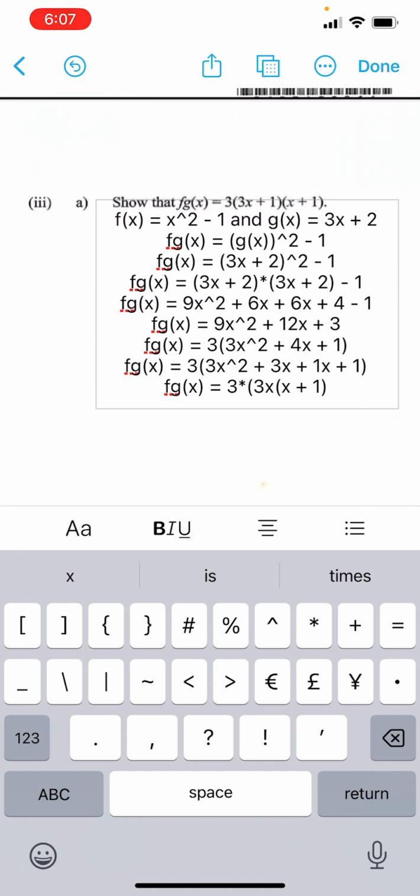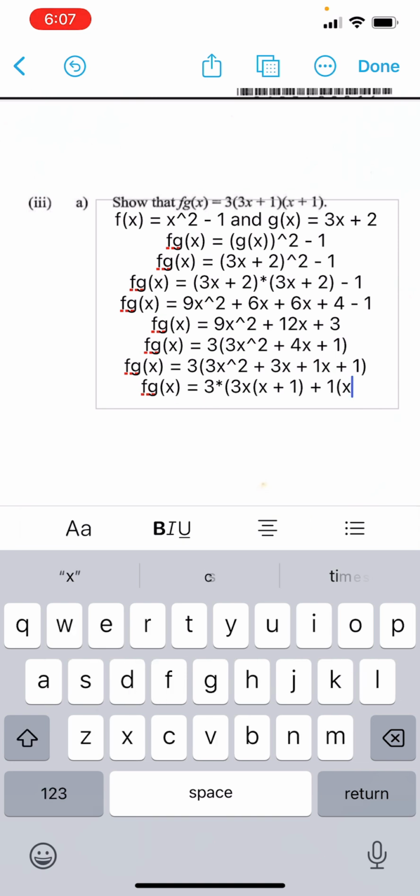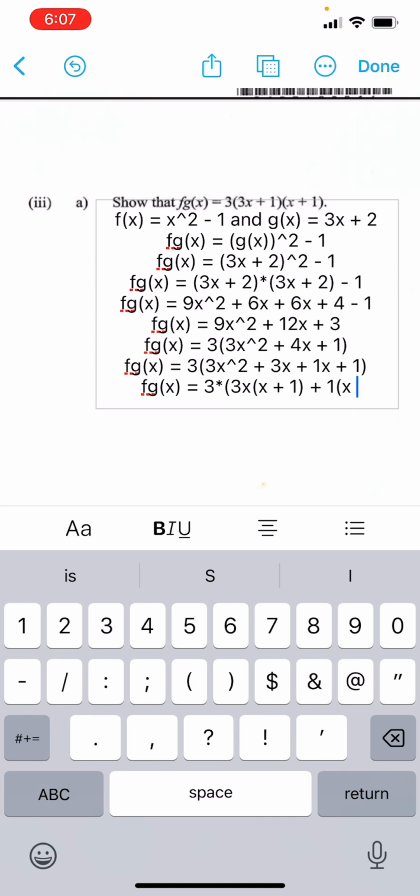This is gonna be a plus. Now, the common term in 1x plus 1 is gonna be a 1. 1x divided by 1 is gonna be x, and 1 divided by 1 is gonna be a 1. Close the bracket.